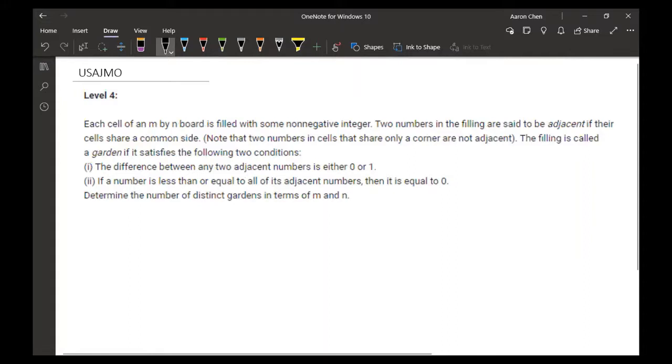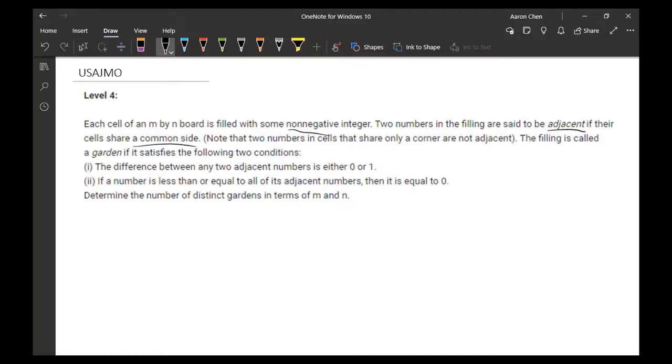Level 4. Each cell of an n by n board is filled with some non-negative integer. Two numbers are said to be adjacent if their cells share a common side. This is basically the standard definition of adjacent cells.